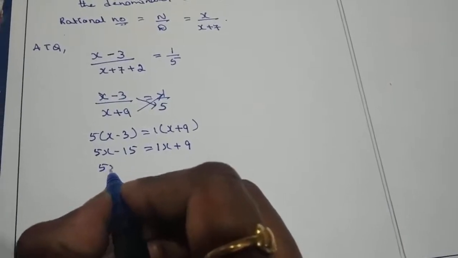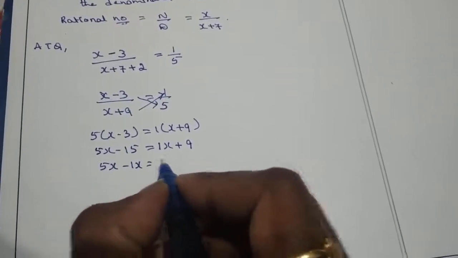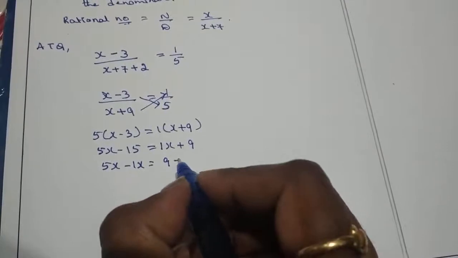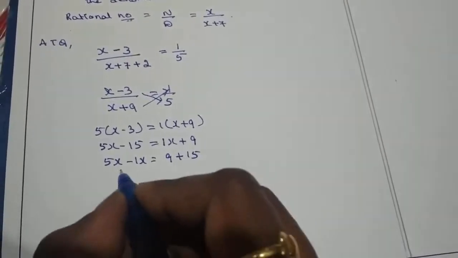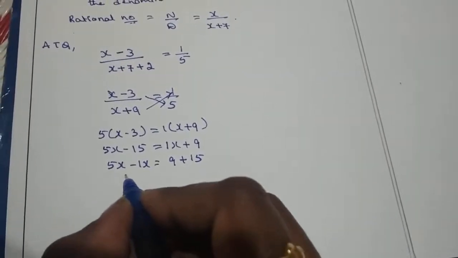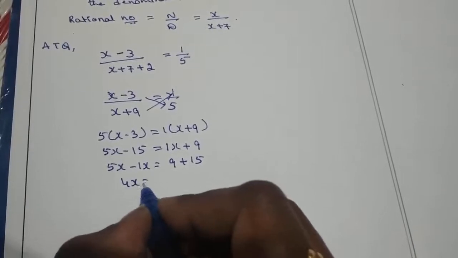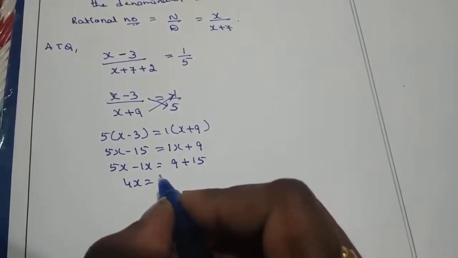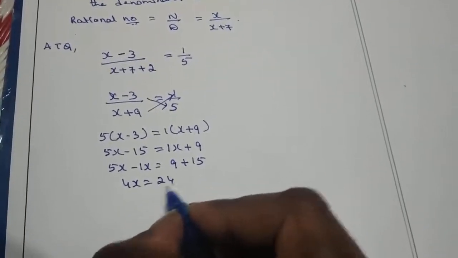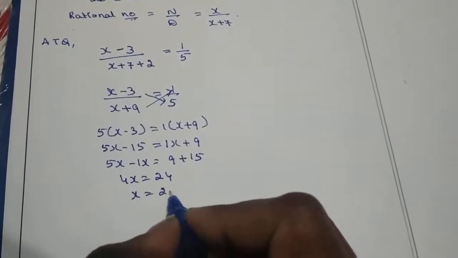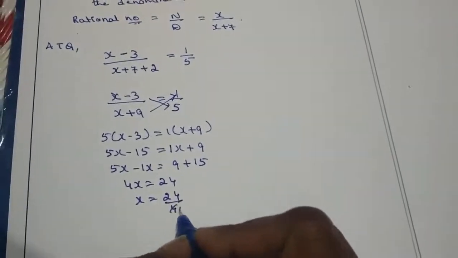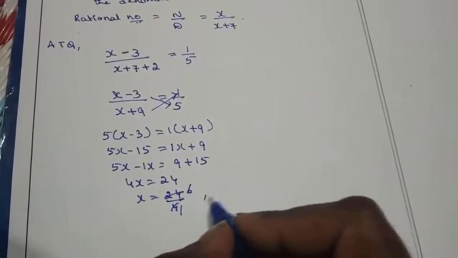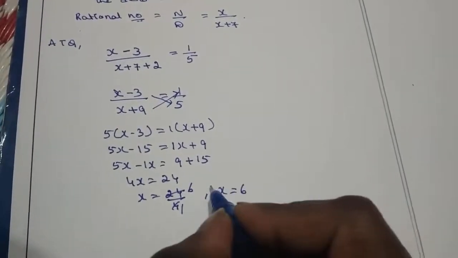Take the variables one side and the constants the other side. So minus 15 becomes plus 15. Then 5x minus 1x is 4x equal to 15 plus 9 is 24. Then x equals 24 by 4. 4 sixes are 24. So here we got the x value as 6.